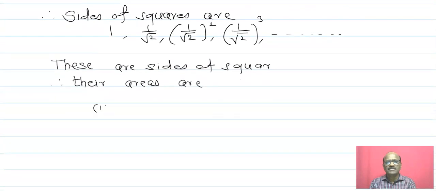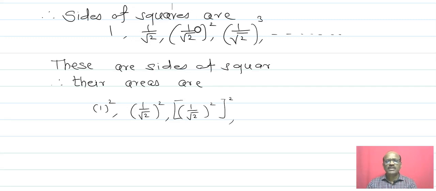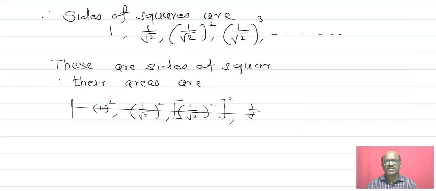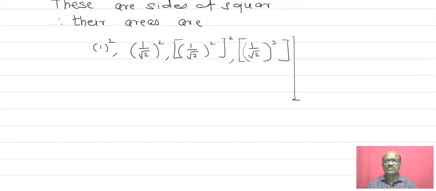Their areas are 1 square, 1 upon root 2 bracket square, 1 upon root 2 bracket square raised to 2, that is the squares of their sides, because the area of the square is side square raised to 2.